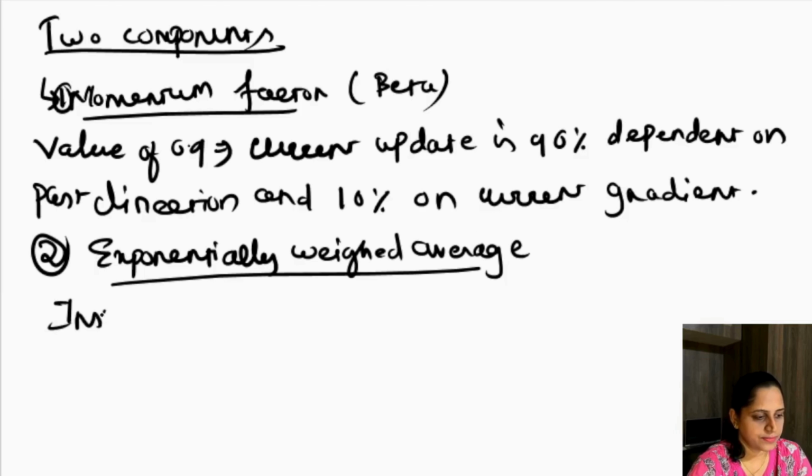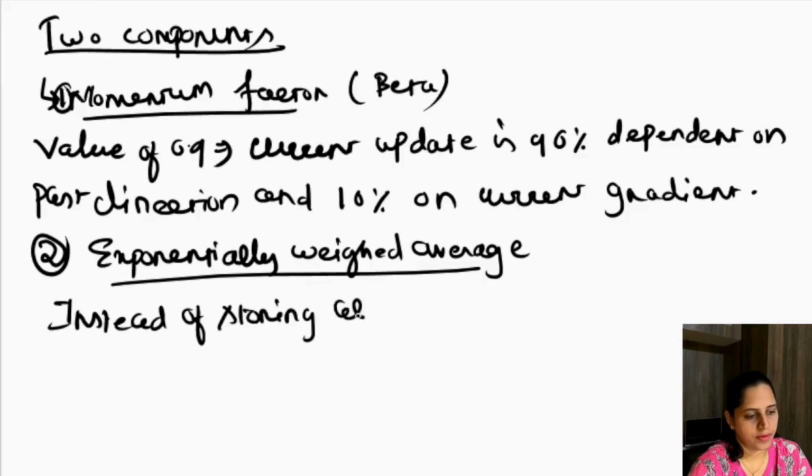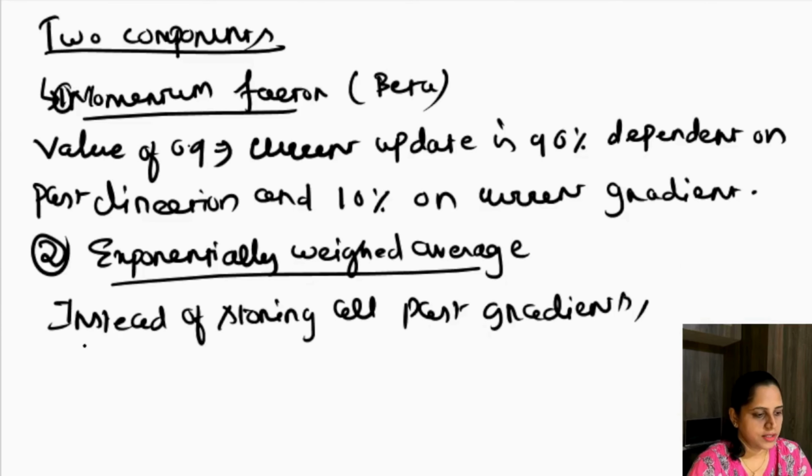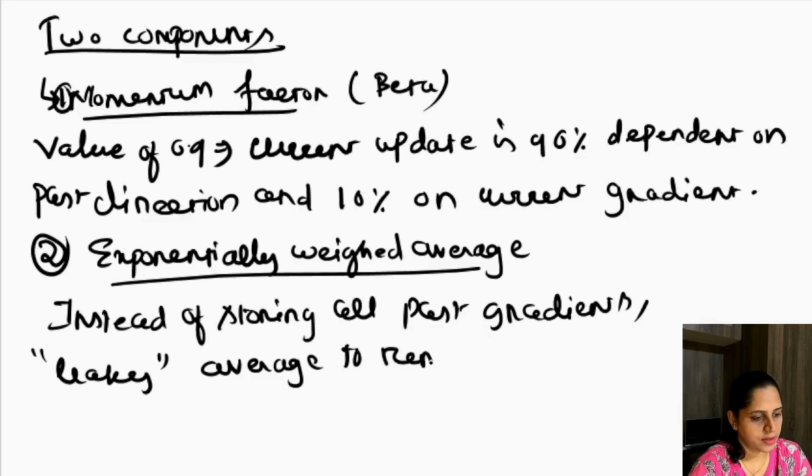Instead of storing all past gradients, momentum takes a leaky average to remember past direction.